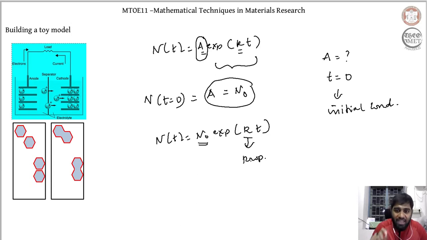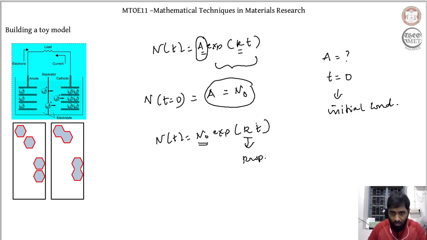What decides this particular parameter is the nature of the material itself. Your material can be extremely porous, so that it can easily accommodate the lithium ions, or it can be rather not so porous. The lithium ion has to wait and find a specific spot. So depending on the nature of the material, this kappa is going to vary.